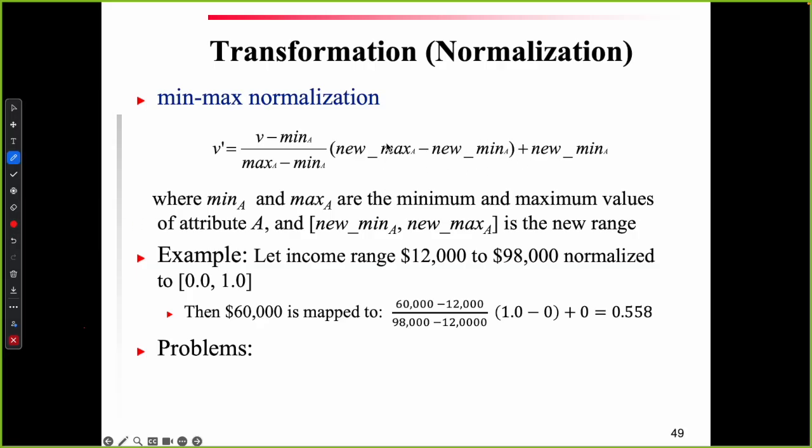So this formula says your v prime, or your new value, will be calculated this way.